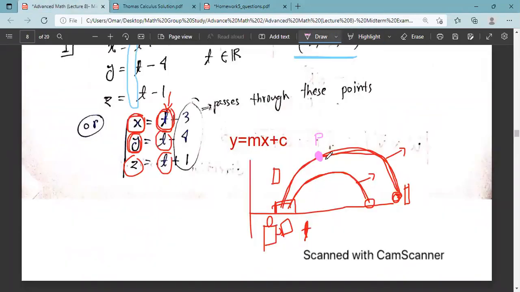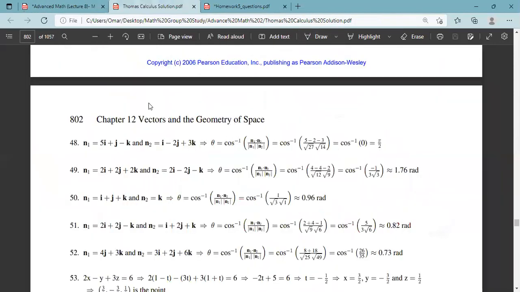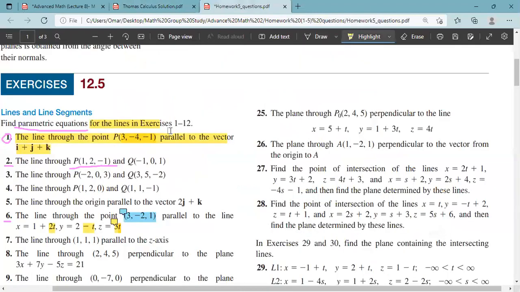So maybe (3, -4, -1) is here. I'm not sure. Okay. And then our line will intercept this point. So this is all it means graphically, maybe.